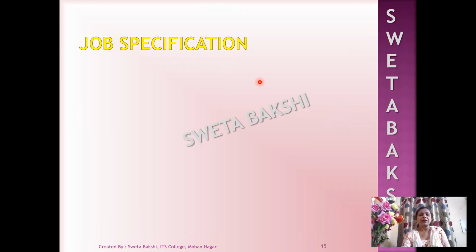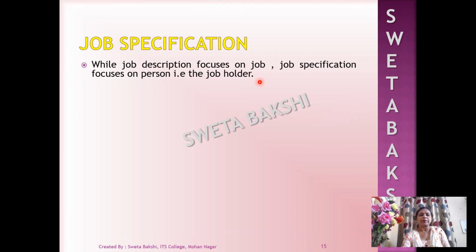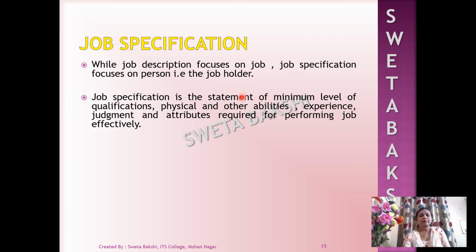Now the second part is job specification. While job description focuses on the job, job specification focuses on the person, that is the job holder. Job specification is the statement of minimum level of qualification, physical and other abilities, experiences, judgment and attributes required for performing a job effectively.